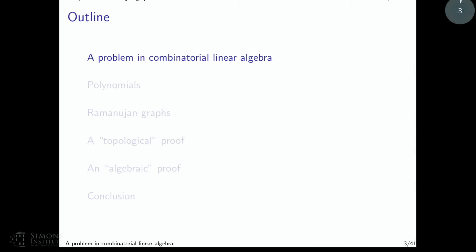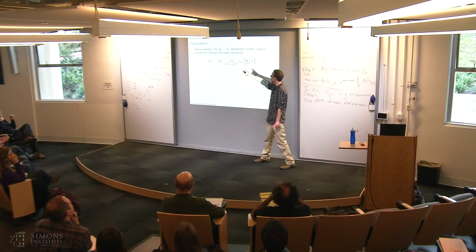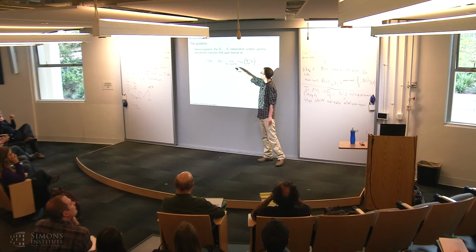All right, so I want to start with our motivation, which is sort of a problem in combinatorial linear algebra. That's what we call it. And the question is this. So if I have A1 through AN, which are independent, random, positive semi-definite matrices, I want to find upper bounds on the lambda max of the sum over i of the Ai, where the Ai are in the support of the Ai with the hats.